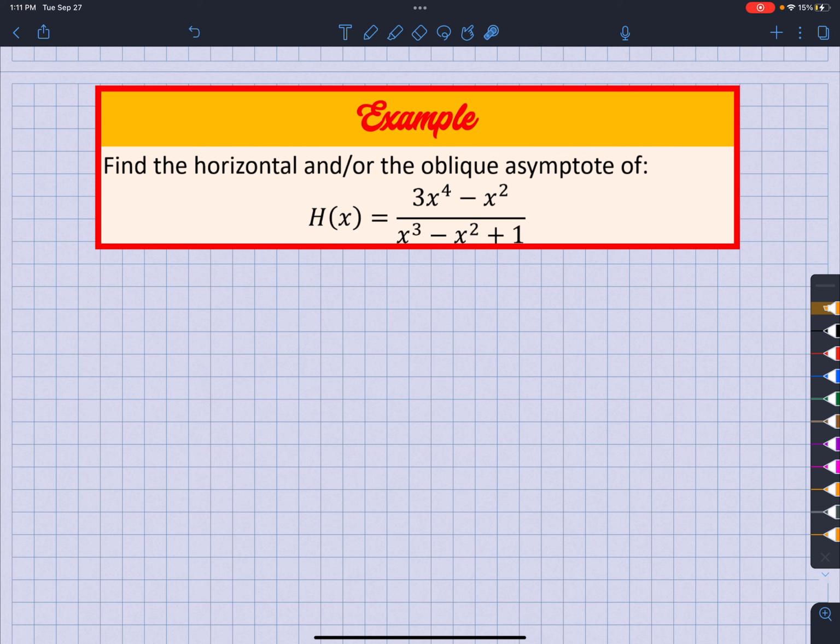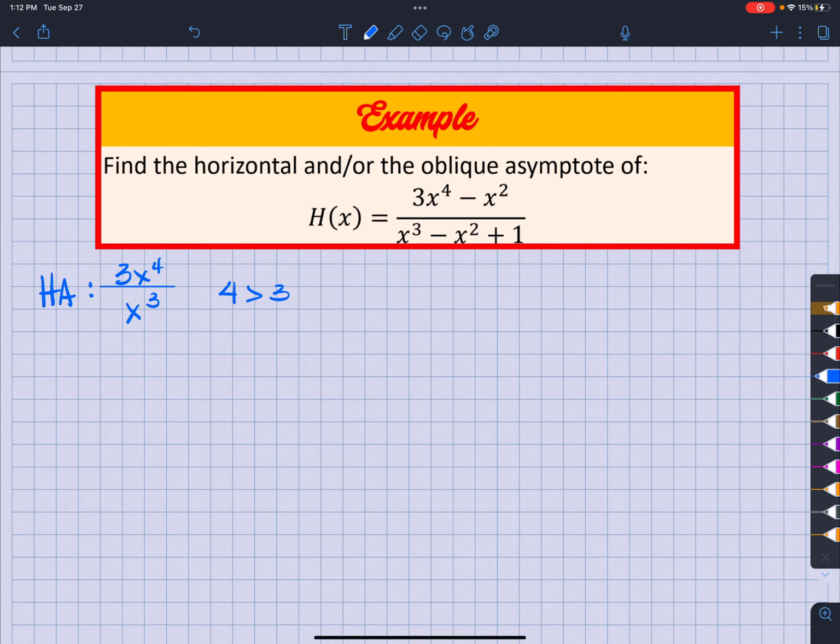It wants me to find the horizontal asymptote and the oblique asymptote. For the horizontal asymptote, we're going to compare the largest power on top, which is 3x to the fourth, with the largest power on the bottom, which is x to the third, and the power on top is greater than the power on the bottom.